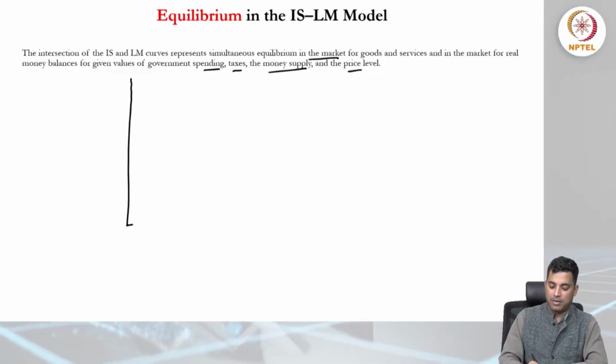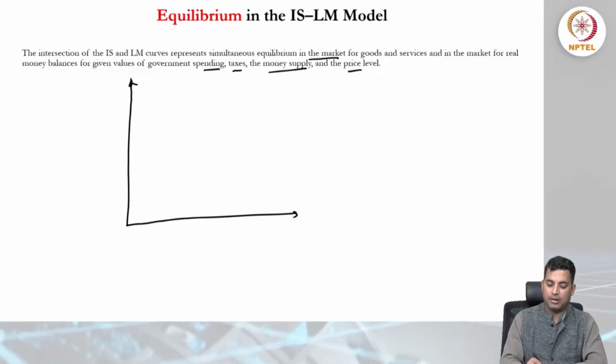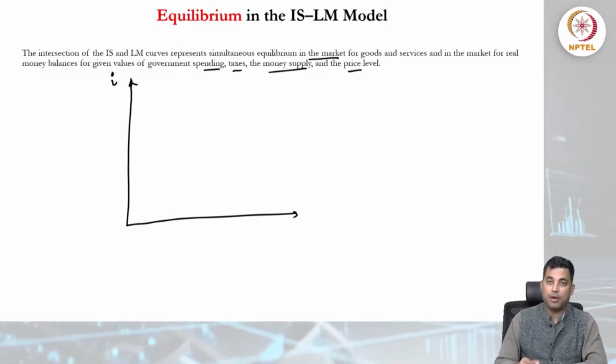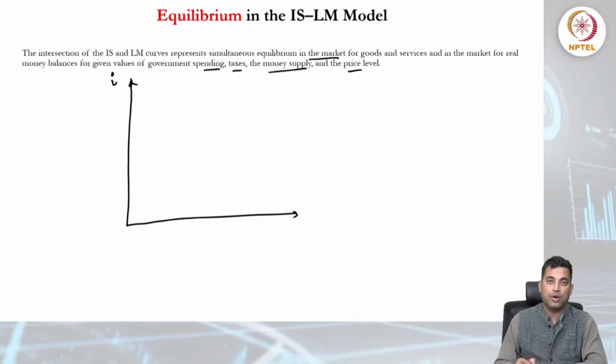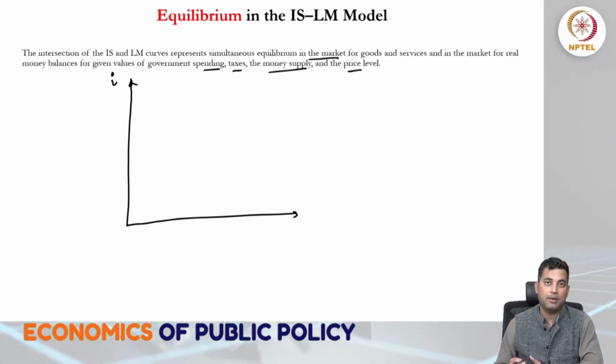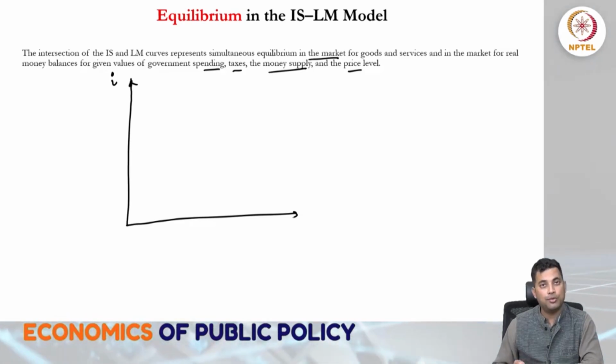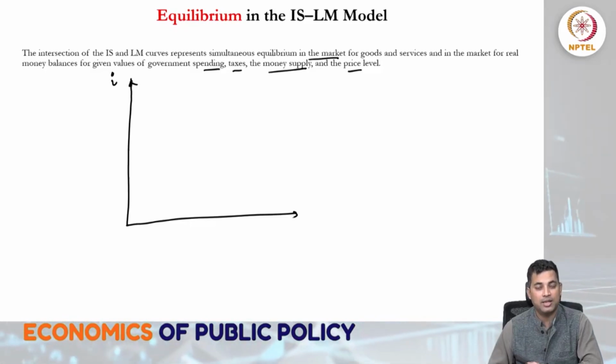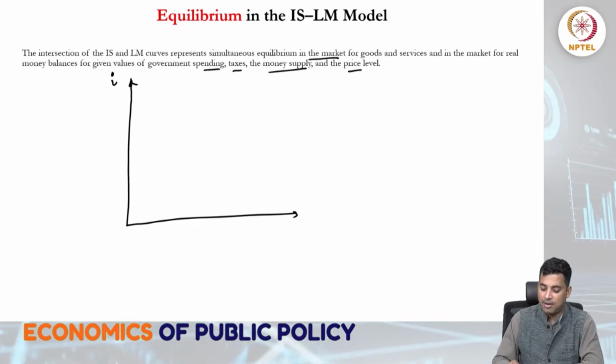Now, equilibrium here: from the IS curve we get the equilibrium in the market between two broad macroeconomic indicators, the rate of interest and income.